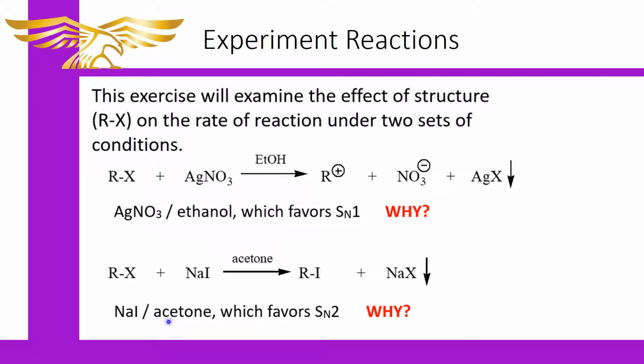Also, iodide is an excellent leaving group, and it's both a good nucleophile and a fairly decent leaving group. But in any case, what we're actually doing here is making a new alkyl halide. You can see by placing the iodine in place of it. And we're driving the others out because those will be less soluble with the sodium in the acetone.